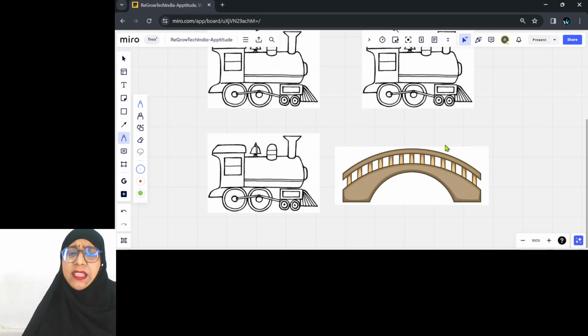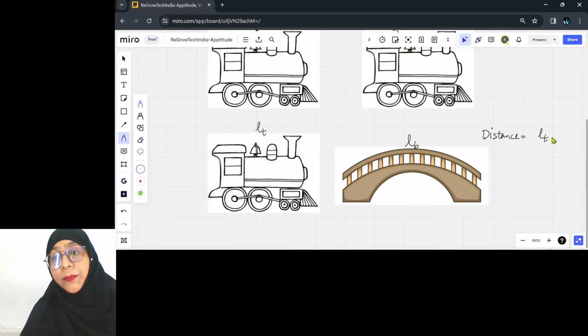So in all of these cases, we will always calculate the distance covered by the train by adding the length of the train and the length of whatever it is. Let's say the length of the bridge in this case. If it is a platform, then the length of the platform. So we will always calculate the distance traveled by the train by adding the length of the train and the length of the bridge or the length of the platform, whatever is given to us.